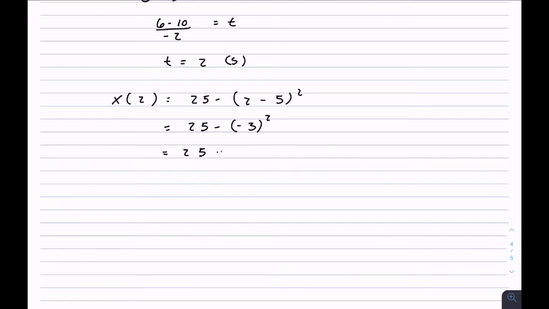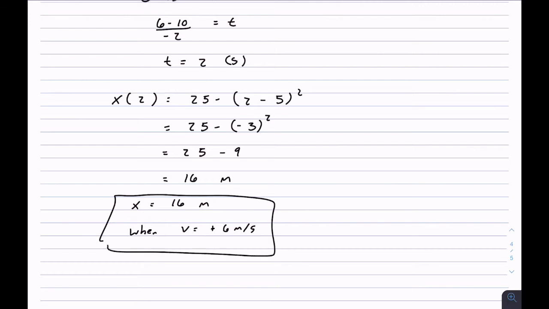I already wrote 9. 25 minus 9. That's 16. Since we're talking about position, this is going to be meters. So x is equal to 16 meters when v is equal to positive 6 meters per second. Okay, that is your final answer there.